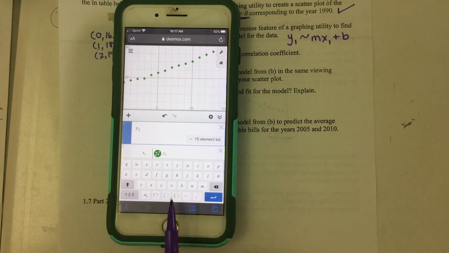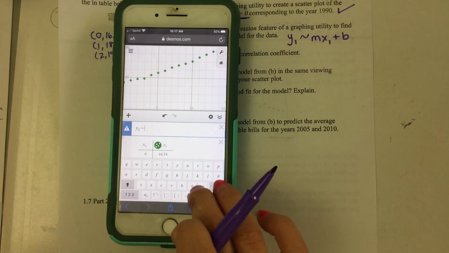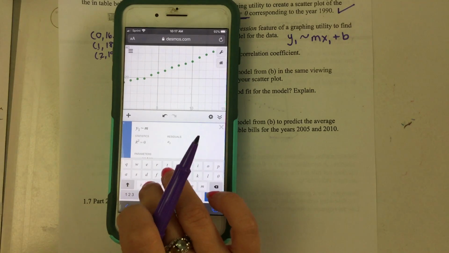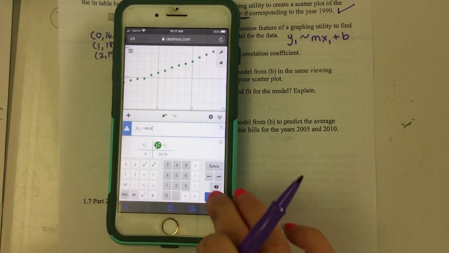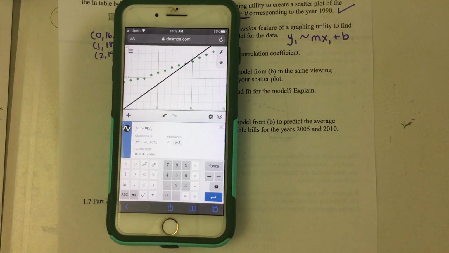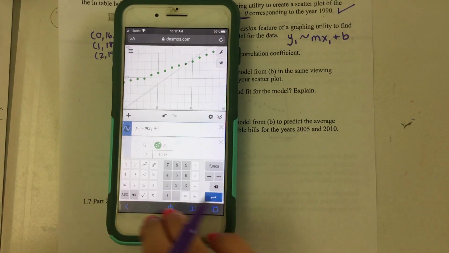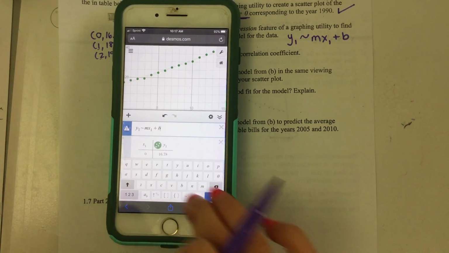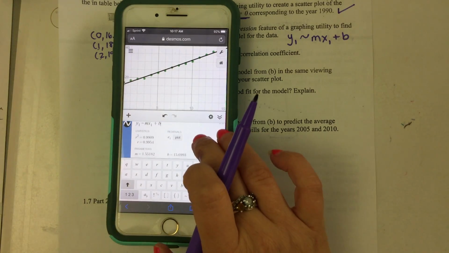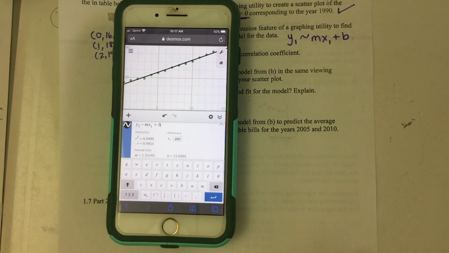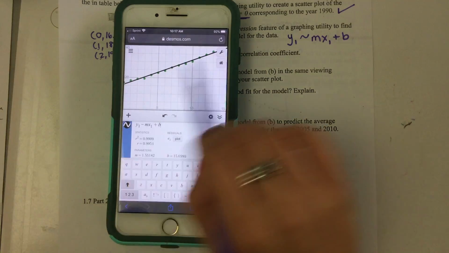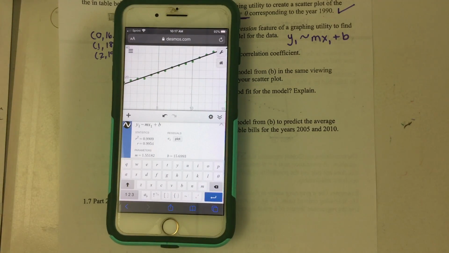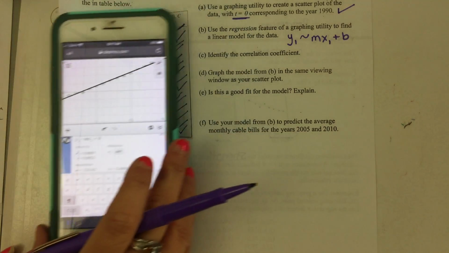Now I need the approximate symbol, M for the slope, X, I need the 1 to get the ordered pairs. So MX sub 1 plus, I need to know what B is so I can find the equation. There's all the information that we need. It calculates it and it visually shows us where the best line would be for that scatter plot.